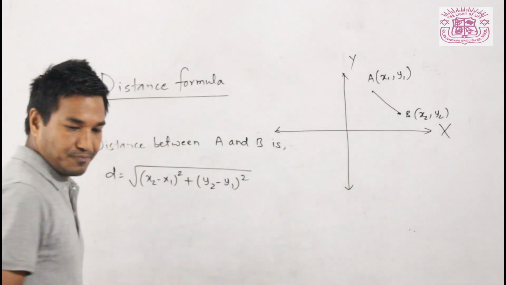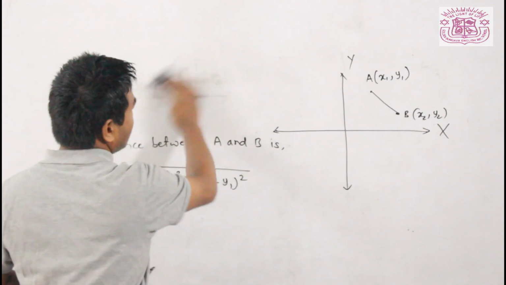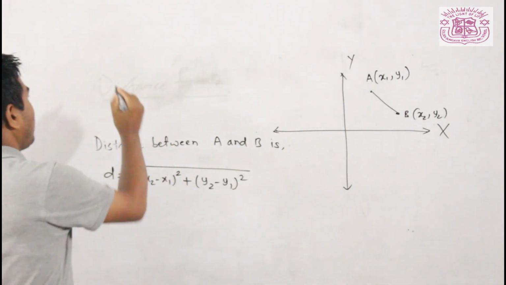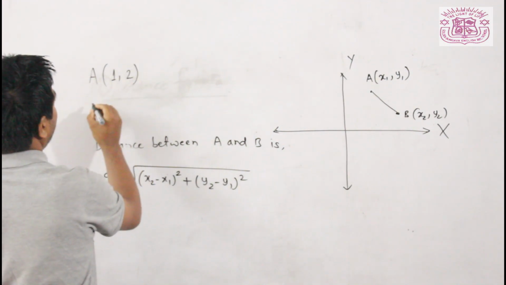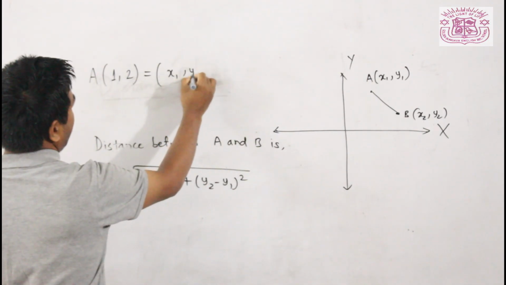So let's suppose the first point is 1, 2. We have to suppose this point as x1, y1.